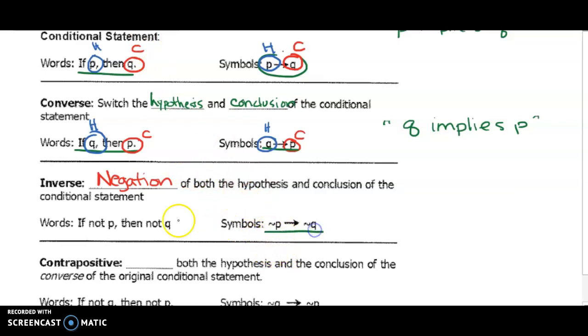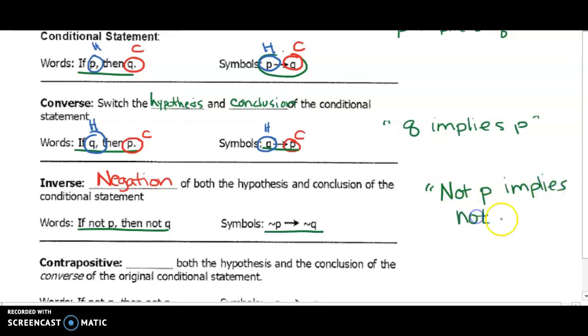And we would say, if not P, then not Q. Just like the conditional statement, the P comes first, but now we have not P. We could also say not P implies not Q. And just like we did before, our hypothesis now is this not P. And then our conclusion is the not Q.